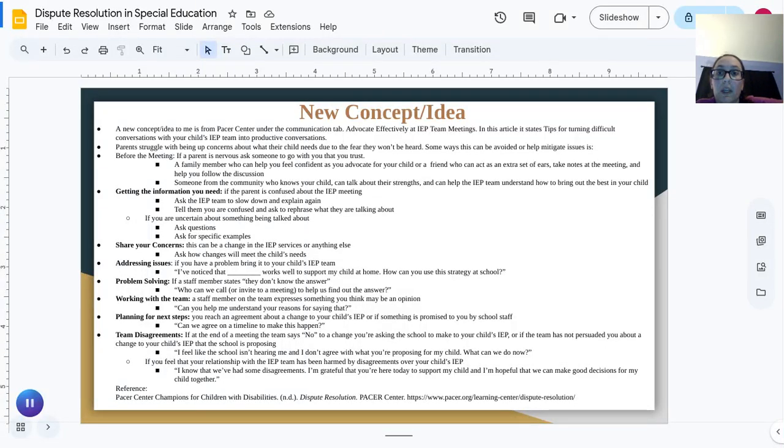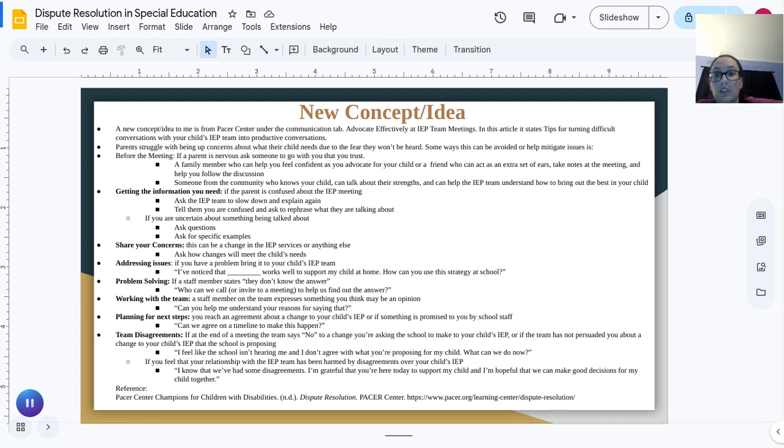So most parents struggle with bringing up concerns about their child's needs due to the fear that they won't be heard. Some ways this can be avoided or mitigated is before the meeting. If a parent is nervous, they can ask someone they trust to go with them.